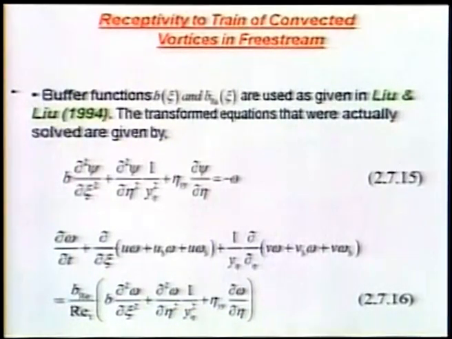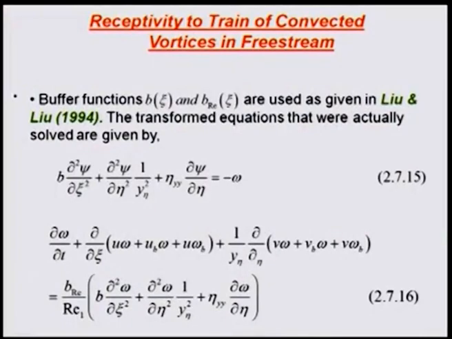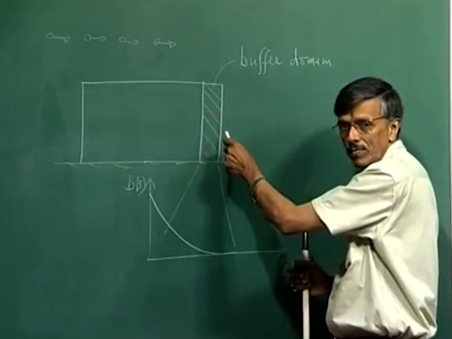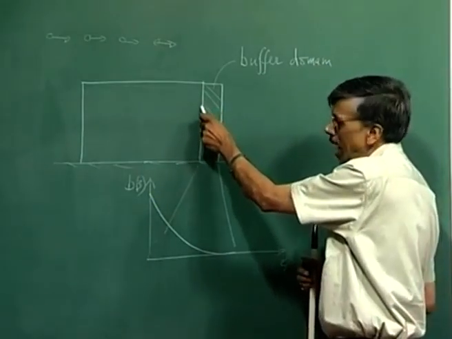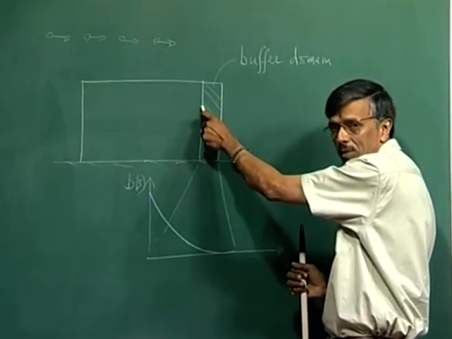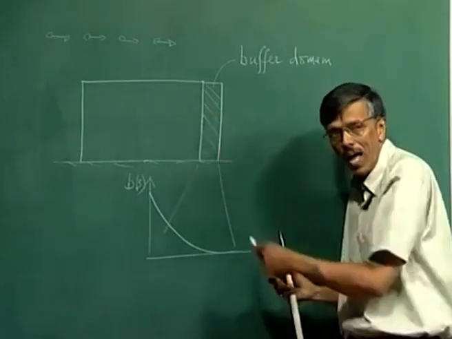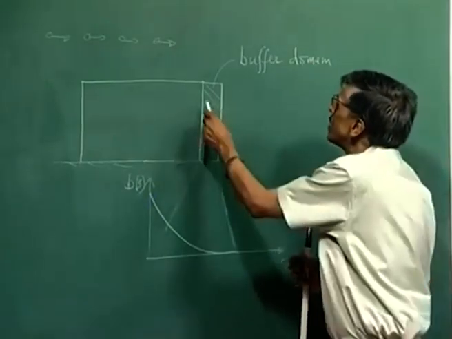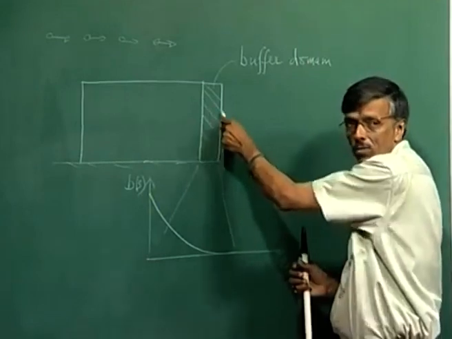BRE is also a scaled out parameter, which actually has a value of almost 1 here at the end of the computational domain, and then it effectively increases the Reynolds number as you come to the end.